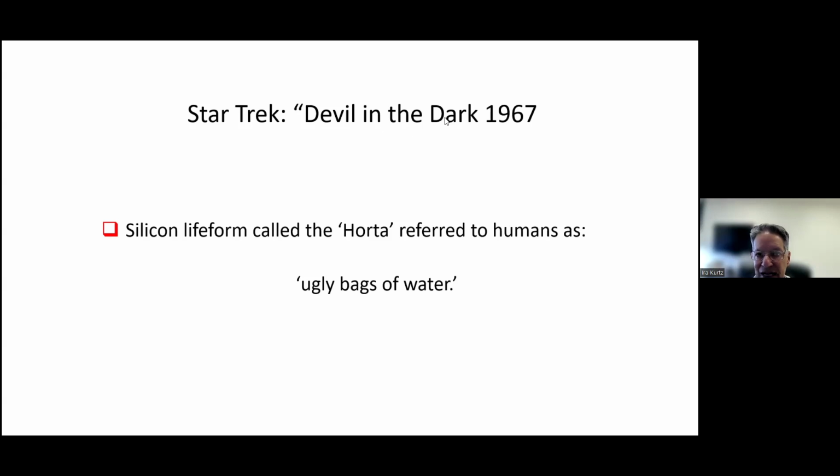It was called Devil in the Dark. And there were these silicon life forms called the Horta that used to burrow through rocks. They lived by making tunnels through rocks. And when they first encountered the humans, they called humans ugly bags of water. And I don't know about the ugly, but we are bags of water.